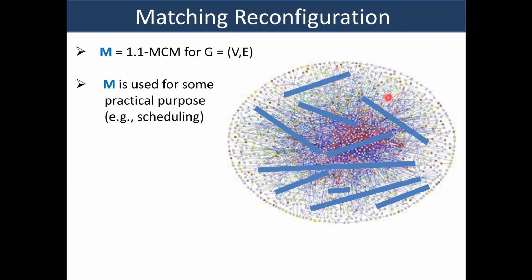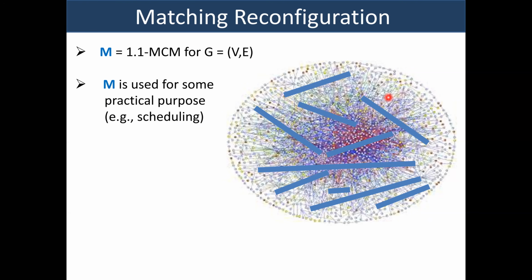So we have now a graph, a network G, and some matching M for G. So let's assume that we are in the unweighted case. So M is some approximately optimal MCM for G, let's say 1.1 approximation. And you can imagine that M is being used for some practical purpose, such as scheduling.